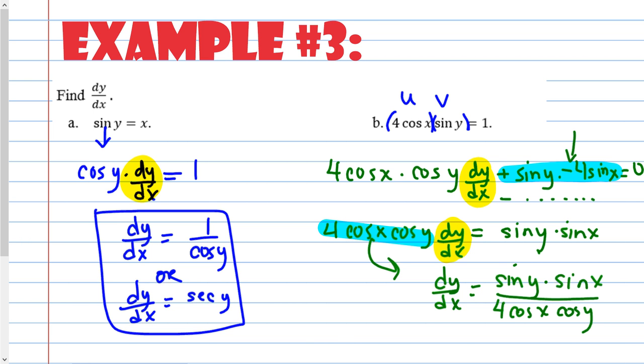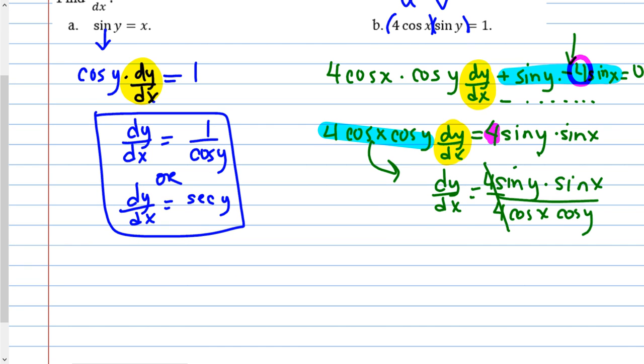Why do I feel like I forgot to write something down? Of course, this 4 right here. It was negative 4, so I had to move that over with it. Let me add that now. So this is 4 sine y sine x. There we go. The 4's cancel out, and so I have dy dx.